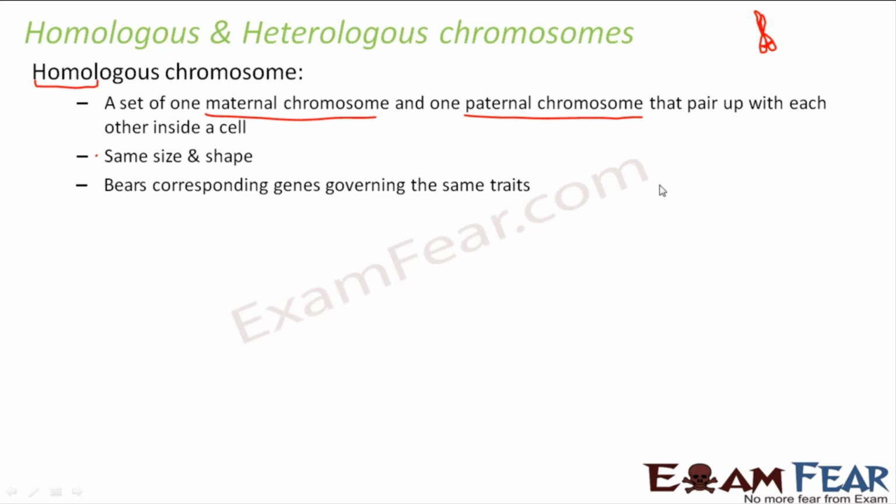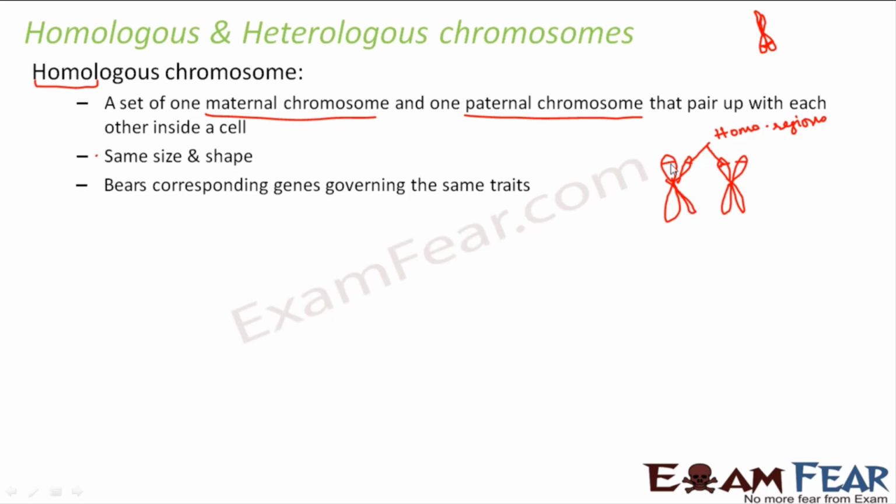So when I talk about homologous chromosomes, they are somewhat like this. Let us suppose this is one chromosome, this is another chromosome, and here you have the genes located. These regions of the two chromosomes are known as homologous regions, which code for the same gene.